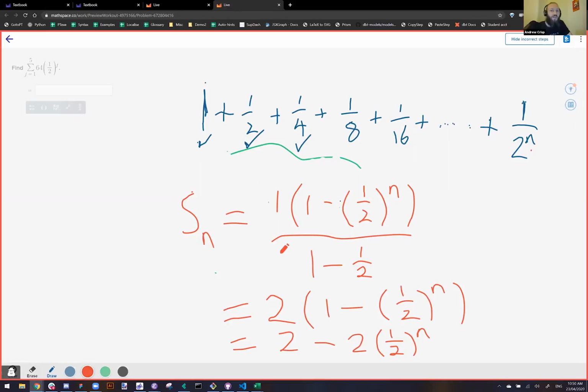If it's 1 over a really big number, that's the same as it being a really, really small number. And so the conclusion is that as n gets really, really big, this blob, all of it, goes to 0.